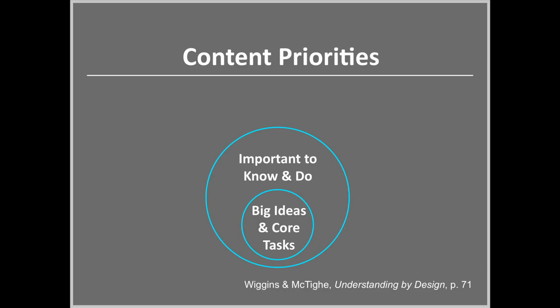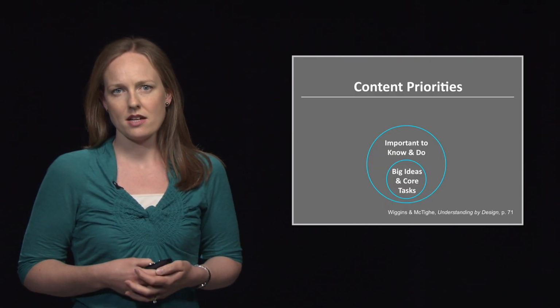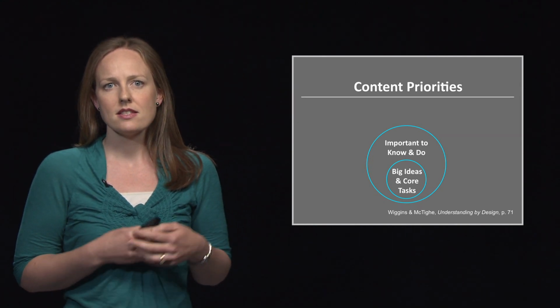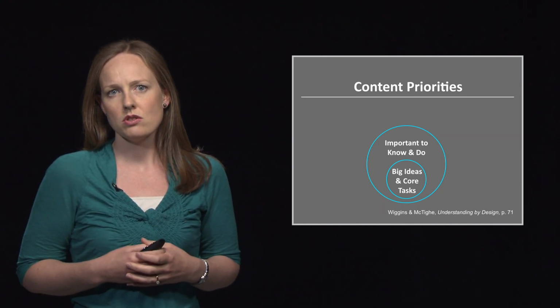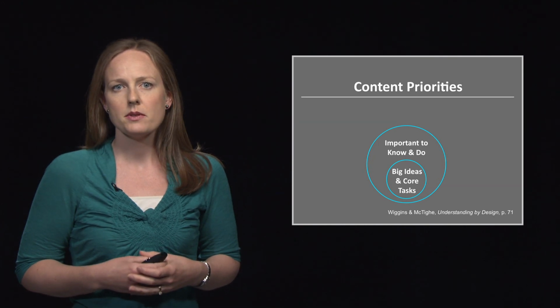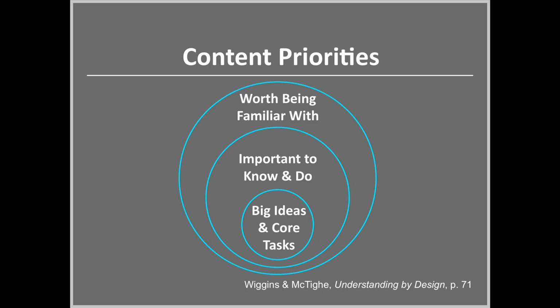Then ask yourself about what you would like your students to know and be able to do by the end of the course. This second circle corresponds to your learning objectives, which represent the skills, knowledge, and attitudes that you would like your students to obtain in order to be able to transfer knowledge successfully. Lastly, include content that you would like your students to be familiar with by the end of the course.